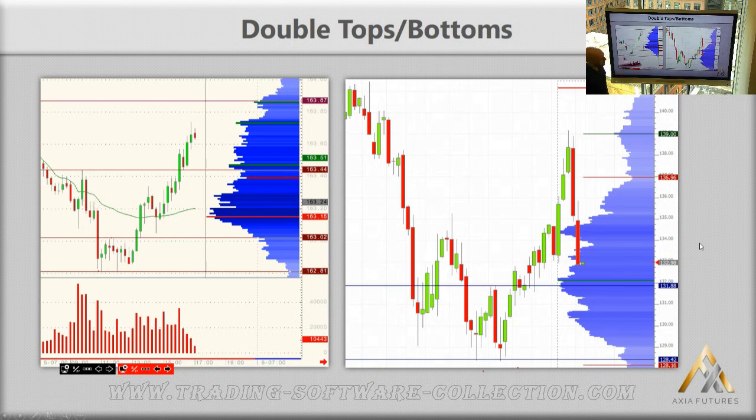Now, much, much longer term. This is a BTP weekly chart. Incidentally, this was bang on a double bottom to the tick on a weekly.